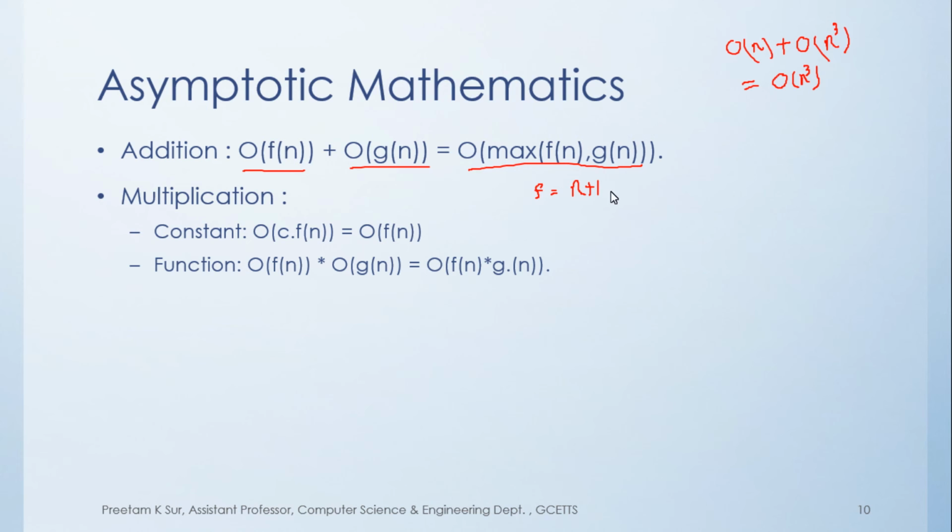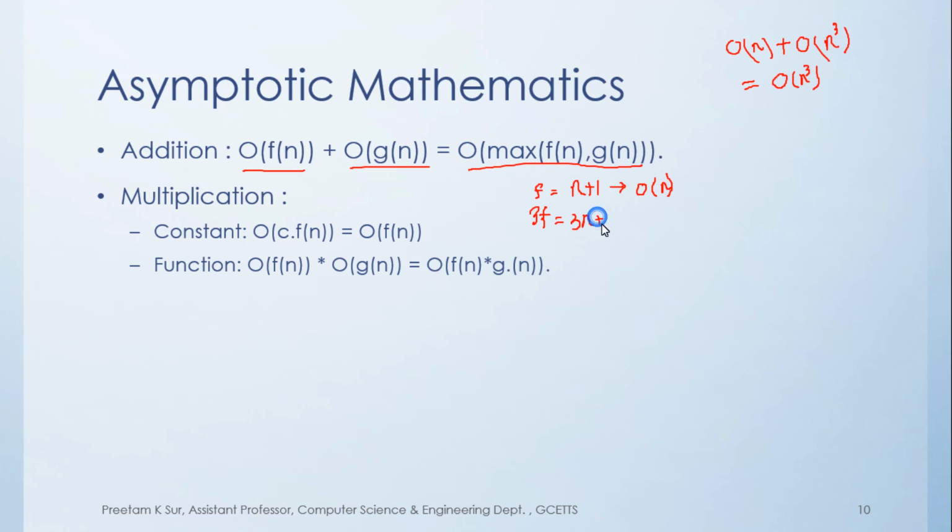If you try to find the asymptotic upper bound for this function, you will find that this is order of n, right? Now if you multiply it with some constant, suppose 3, the function 3f will have the value 3n plus 3, right?